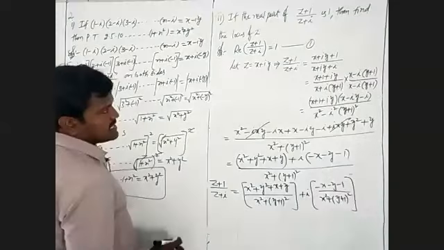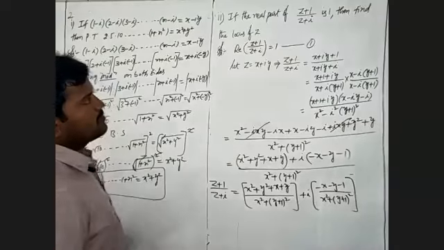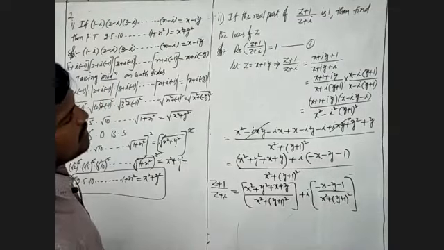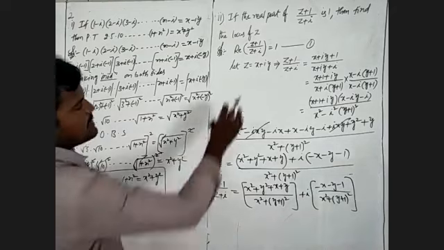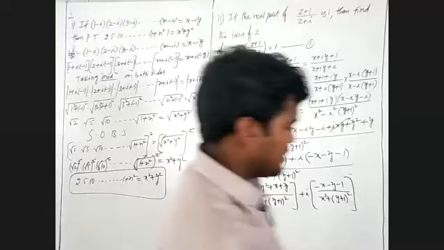By the problem, what is given? Real part of z plus 1 by z plus i is nothing but 1.